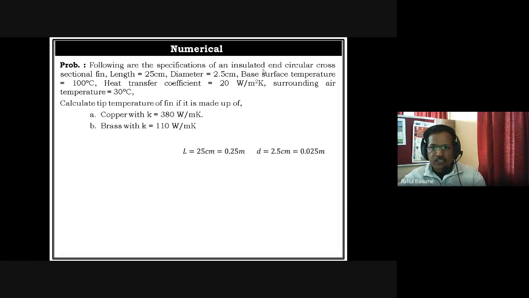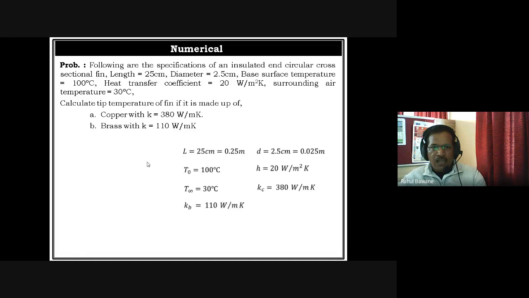Diameter 2.5 centimeter, convert into 0.025 meter. Base surface temperature, that means T0, 100 degrees centigrade. Heat transfer coefficient: from the unit we can identify this is the value of h, 20 watt per meter square Kelvin. Surrounding air temperature T infinity is 30 degrees centigrade.